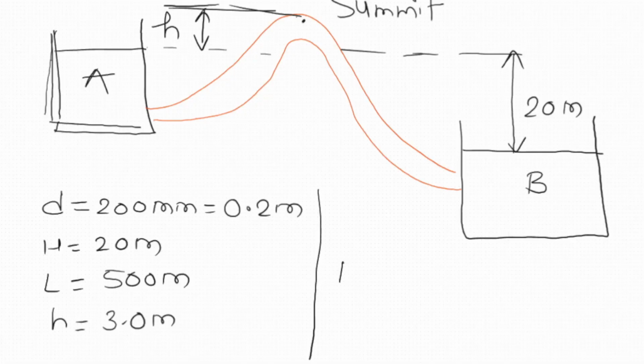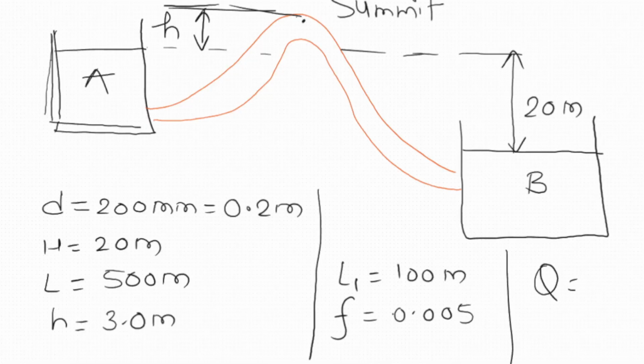Let it be L1, so the value of L1 is 100 meters, and the value of small f is 0.0005. That's all that is given, and we are asked to find the value of Q, that is the discharge.